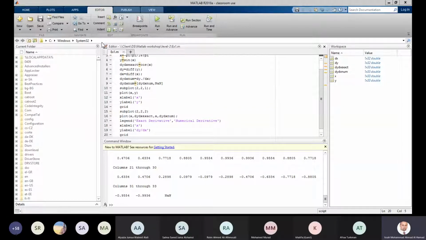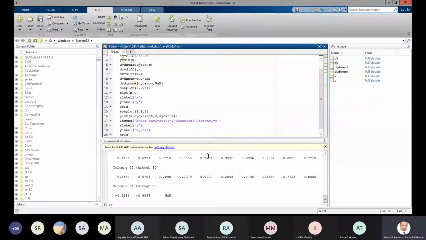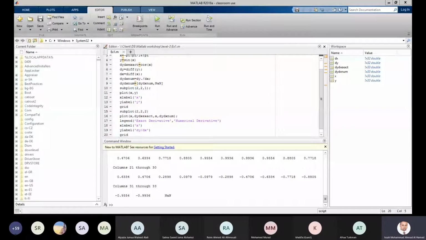So what if you have something like this? I need to switch to the whiteboard. 1 minute, give me 1 minute. Okay, so what if you have something like this?